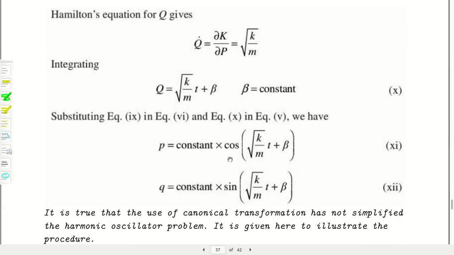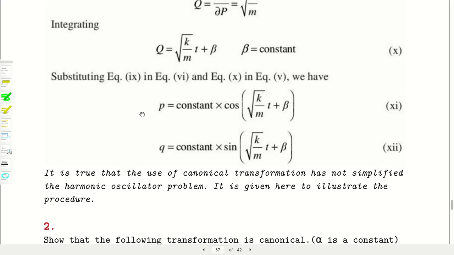So we will get the coordinate q as a function of sine and momentum as a function of cos. Those are all periodic functions, and this could be solved by a much easier technique, using the direct equation of motion from Newtonian mechanics, that is F is equal to minus kx, m x double dot is equal to minus kx, and solve the second order differential equation.